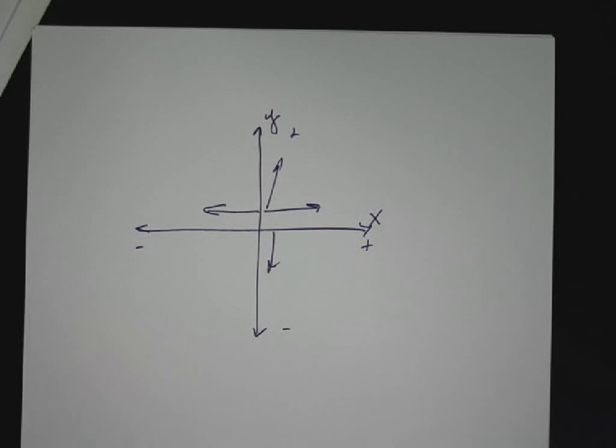Well, in physics, it is different. The initial motion, no matter what direction, up, down, right, or left, is always positive. Then anything that opposes that is negative. So if I initially start out walking this way to the left, that is defined as positive.